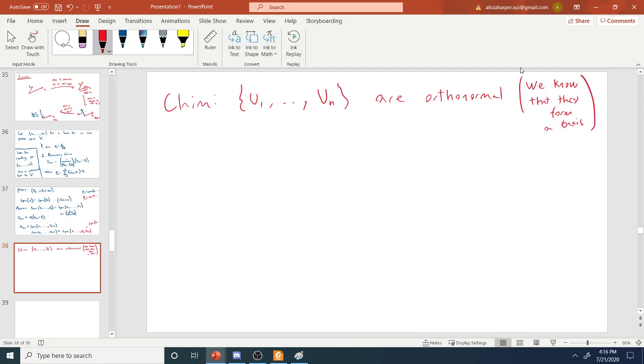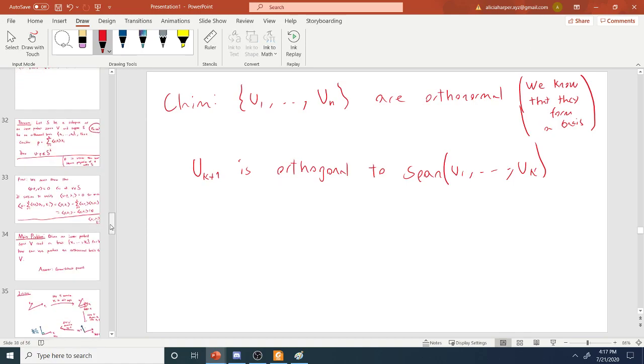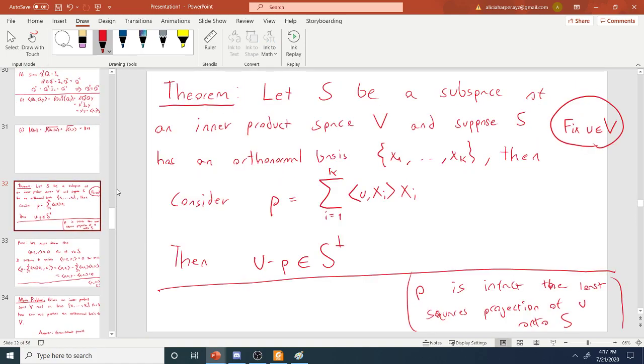So in order to see this, note that uk plus 1 is orthogonal to the span of u1 through uk. In order to see this, we appeal to the preceding theorem, which tells us that if we take a u in our vector space V and we subtract this p from it, we get something in the orthogonal complement.